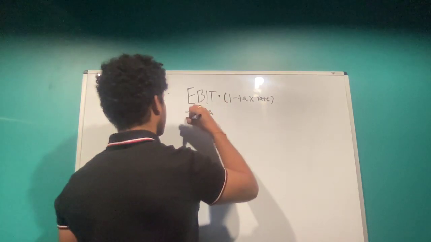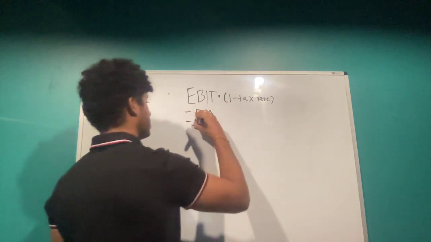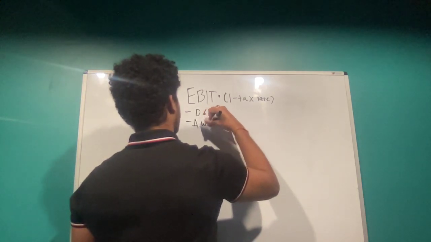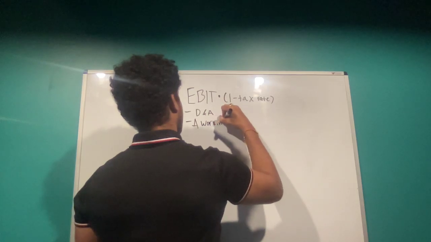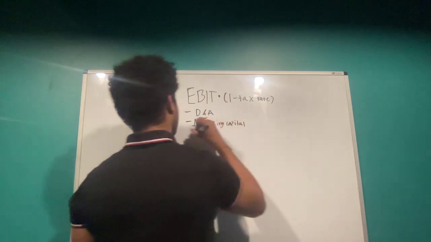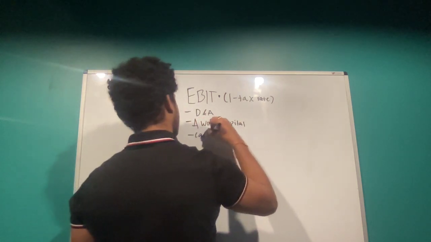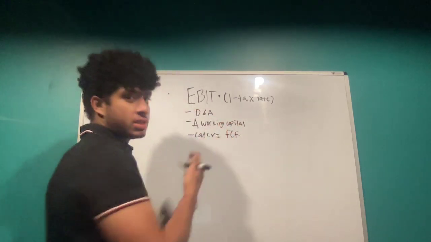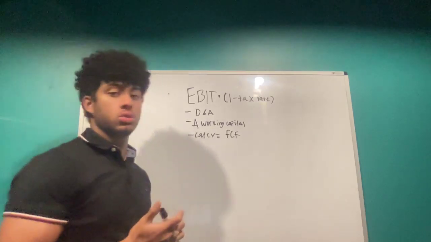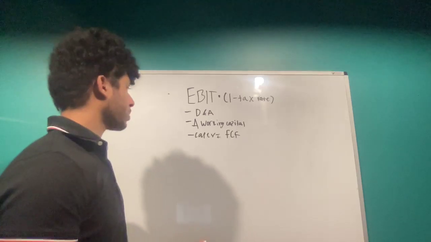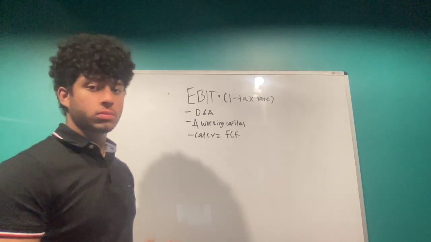And then the same thing as before, you subtract delta, the net change in working capital, and you subtract CapEx, and this gets you to free cash flow. And you can apply a similar process if you are asked to calculate free cash flow from EBITDA, for example. It would be a pretty similar approach.